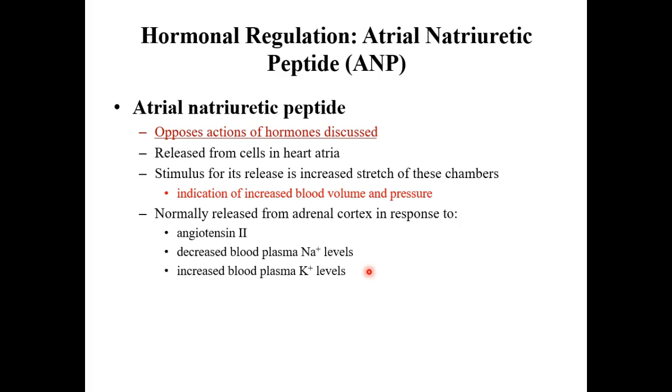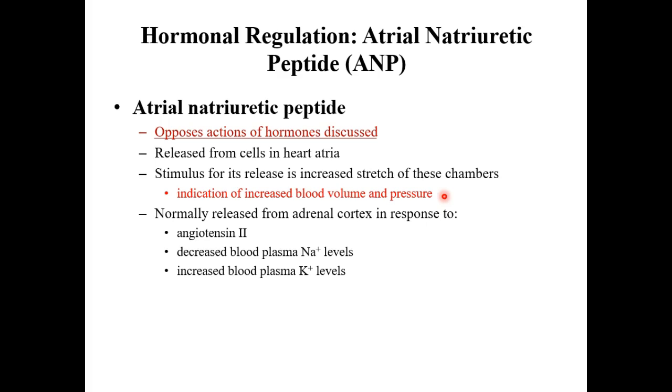Say, for example, we have an increase in our blood volume and in our blood pressure. What happens is I have these stretch receptors, which you guys remember are called baroreceptors, in my atrial chambers. When my atria start to expand or stretch, my baroreceptors stretch too and signal that I have too much of a blood pressure problem if they become too stretched.